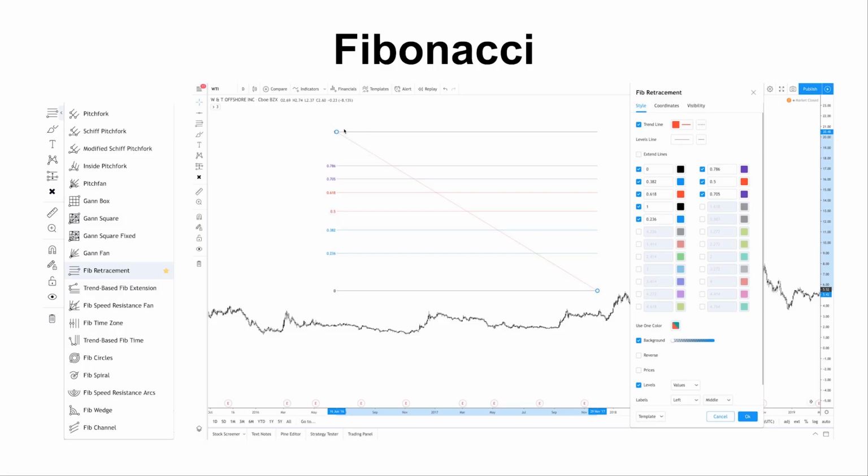It's set up with a 1 up here, a 0 here, and as you notice right here, what do we have? Well, we have a 0.5, a 0.618, a 0.382, 0.236.